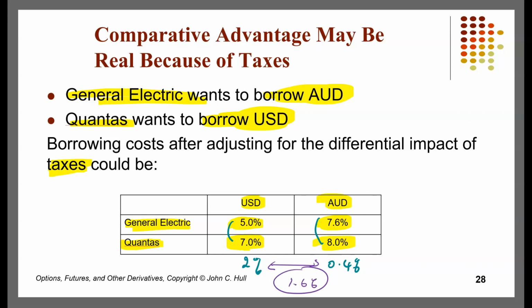And the process will be very similar to what we looked at when we worked with interest rate swaps. And typically, if there is no middleman, they are going to split that. GE is going to save, because GE wants to borrow in Australian dollars, about 0.8%. And Qantas wants to borrow in US dollars, so Qantas is going to save about 0.8%.